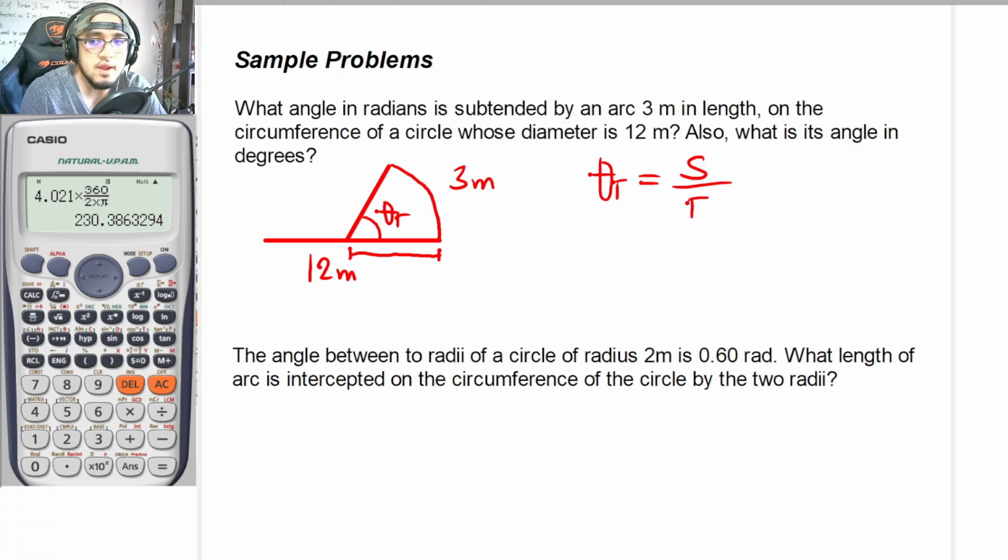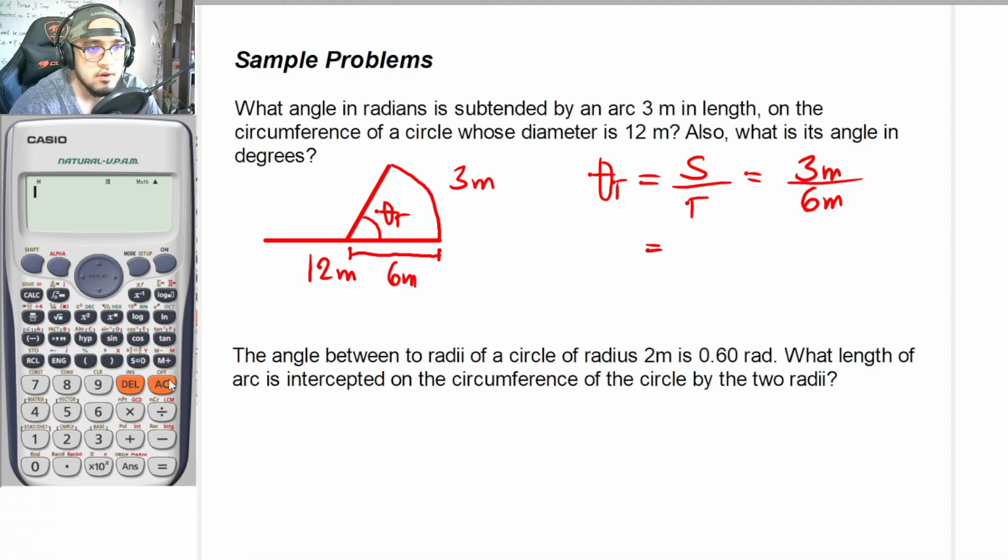So 12 meters divided by 2, 6 meters. With that, the angle in radians is equal to 3 meters divided by the radius, 6 meters. So 3 meters divided by 6, that is basically 0.5.